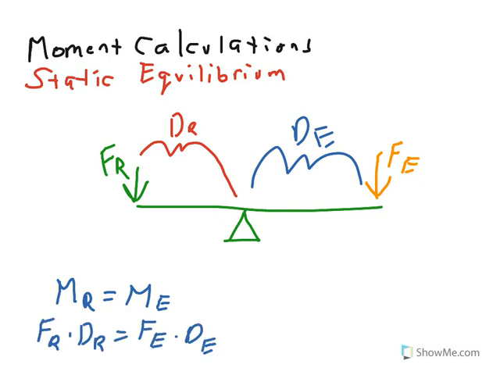For my moment of resistance, I just have my force of resistance times my distance of resistance from the fulcrum, set equal to my force of effort, the force I'm putting into the system, times my distance of effort from the fulcrum. The only way static equilibrium can occur is if these are equal to each other. Let's go ahead and look at an example.